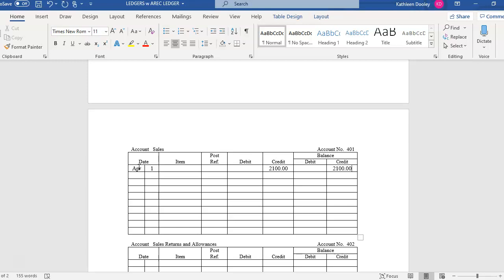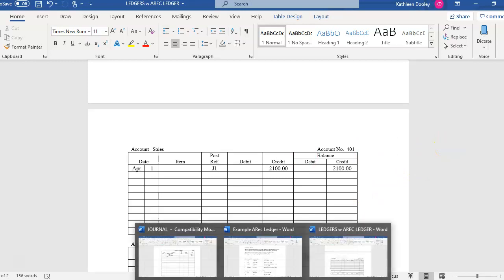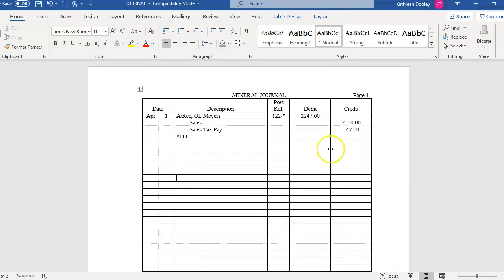This is a revenue account, so it should have a credit balance. Where did this come from? J1 or GJ1. And I go back to my journal, and I have here that went to account, that got posted to account 401.